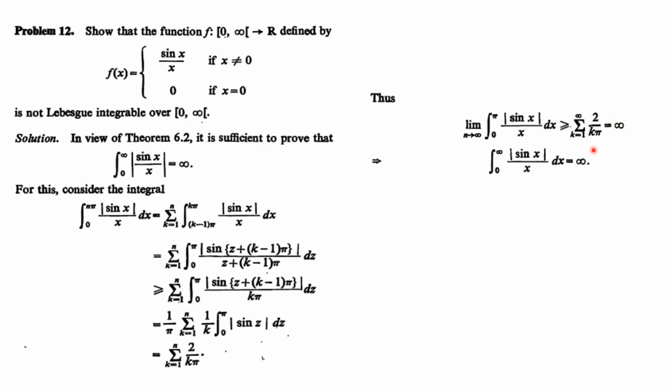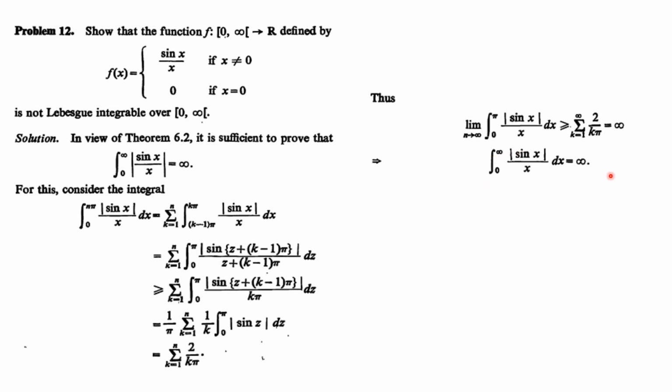You can also use the Cauchy integral test here. When you integrate 1 over k from 0 to infinity, you get log n, which is infinity. So the value of this integral is greater than or equal to infinity, which means it is nothing but infinity.